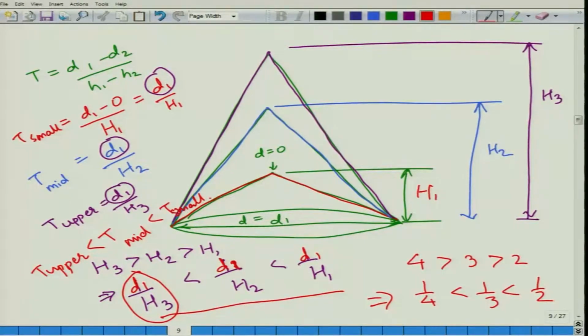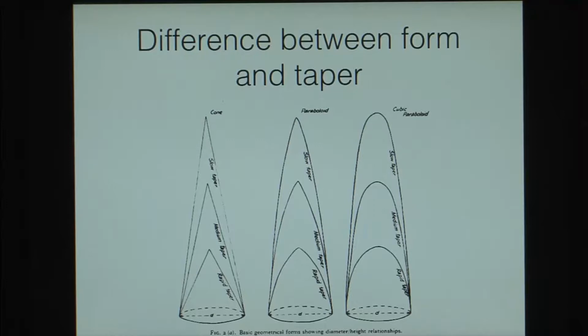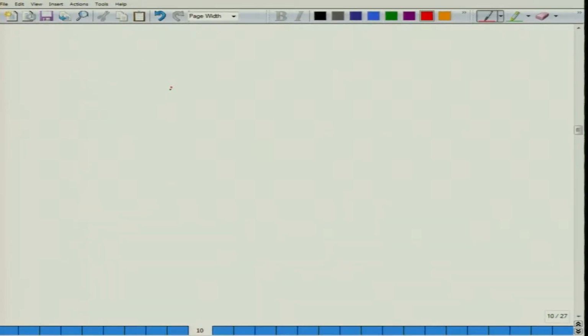So, the taper of this outer cone is the smallest. So, now in this figure we are seeing three different tapers for the same form. Alternatively, we could also have three different forms with the same taper.